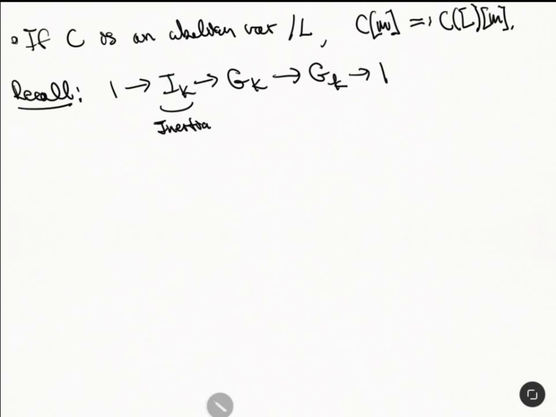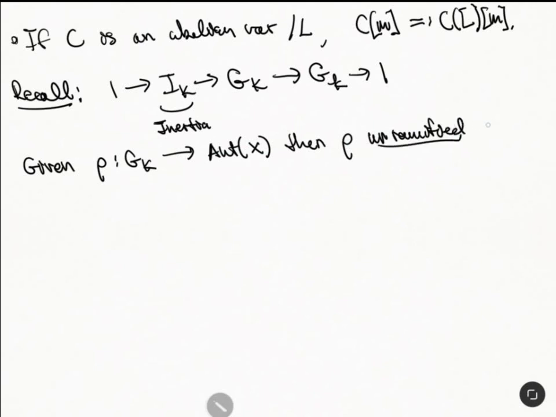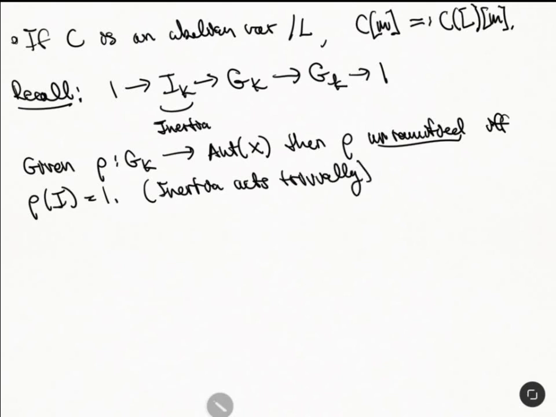So we say, given rho from the absolute Galois group of this field to the automorphisms of some object, I guess it doesn't need to be that, it can be anything, then rho is unramified if and only if rho of the inertia is 1. So this is saying that inertia acts trivially. Okay. So this is what we have in the local situation.